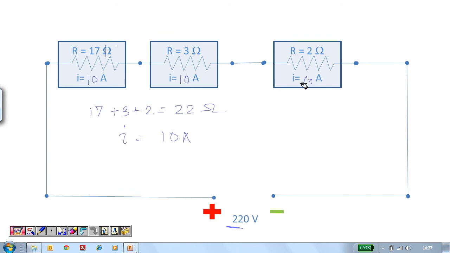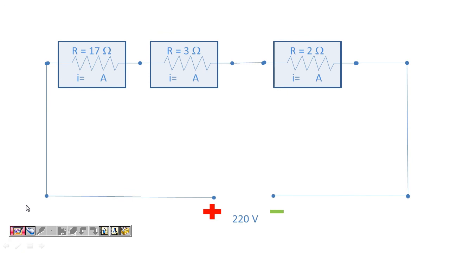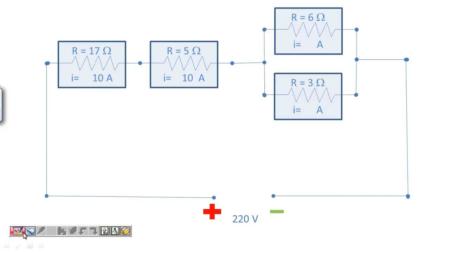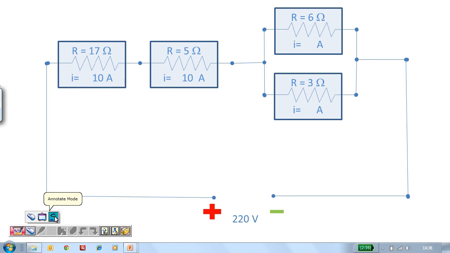Now we have to go back and explore how this 10 amps gets divided into these two branches. We know we have 10 amps coming here. How will it be broken up?